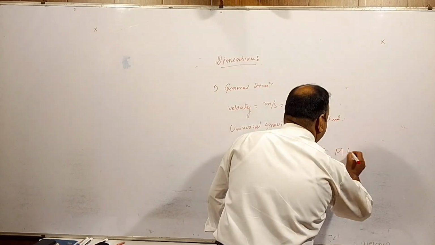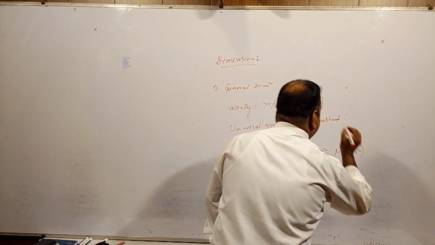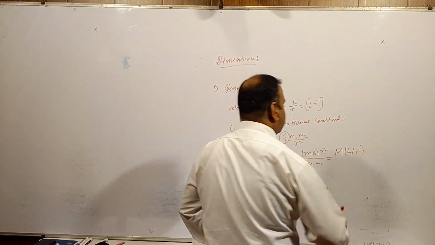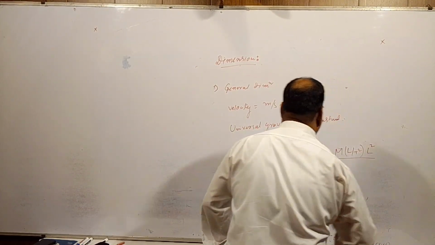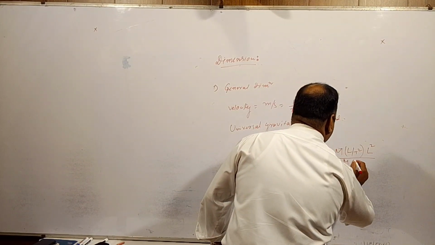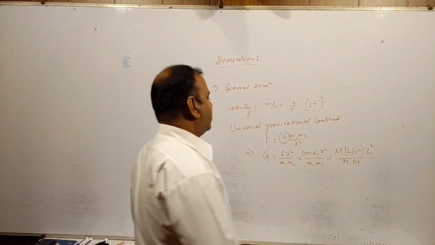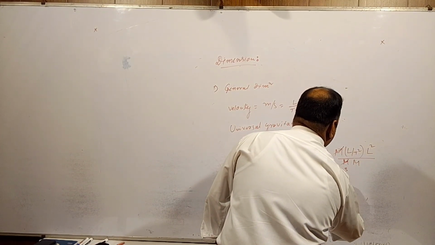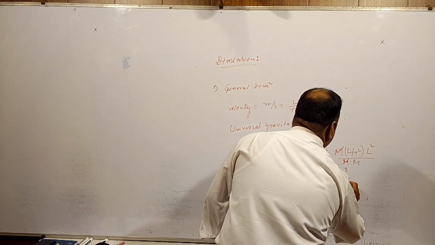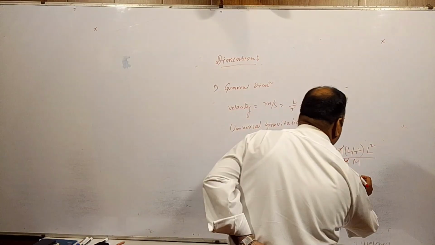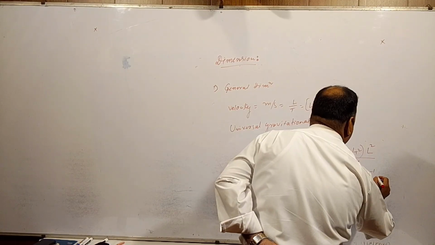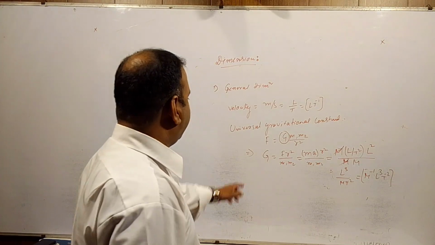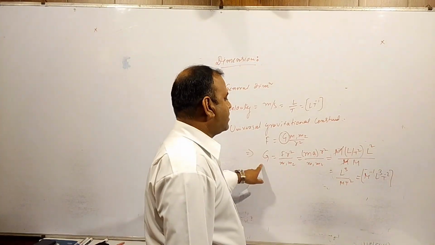Meter is represented by L, so L divided by T square. Distance is also represented by meter, so L square, divided by mass M times M. The mass cancels, so we can write L cube divided by M T to the power 2. Finally we can write M to the power minus 1 L cube T to the power minus 2. This is the dimension of the universal gravitational constant.